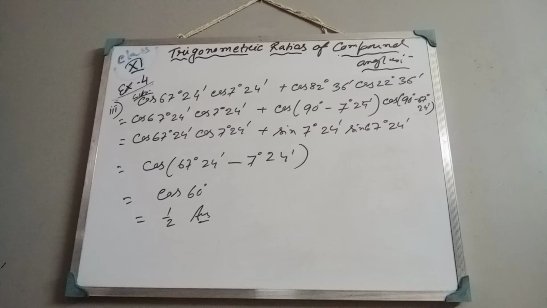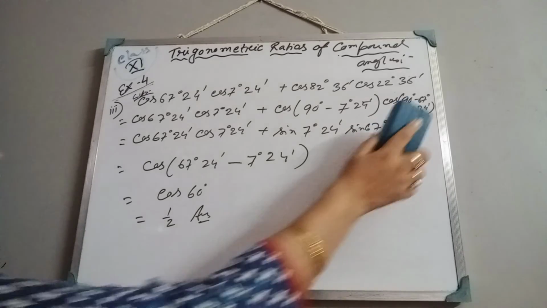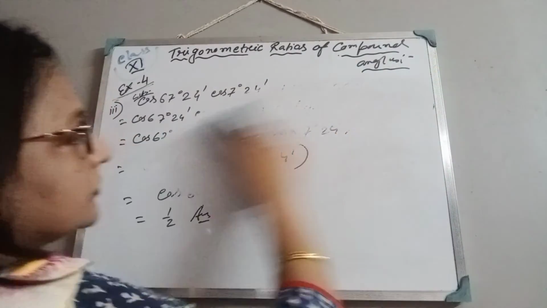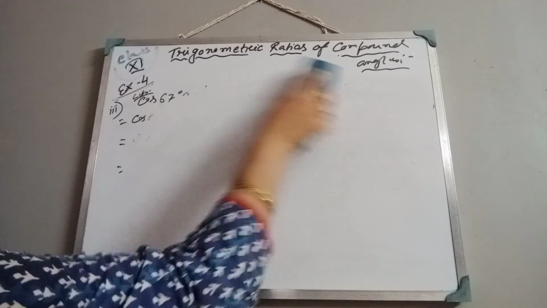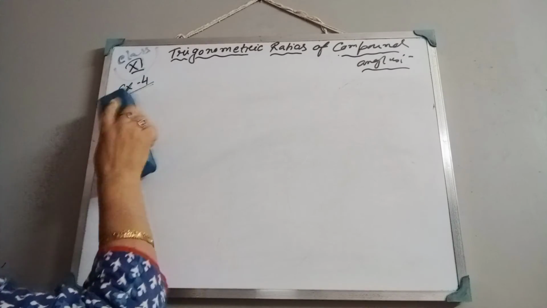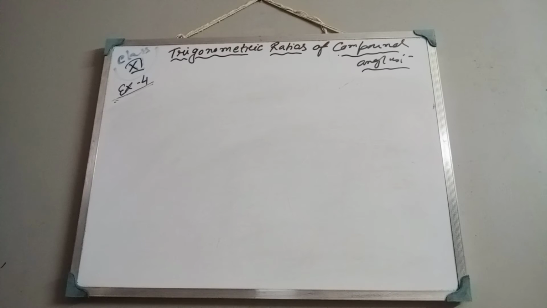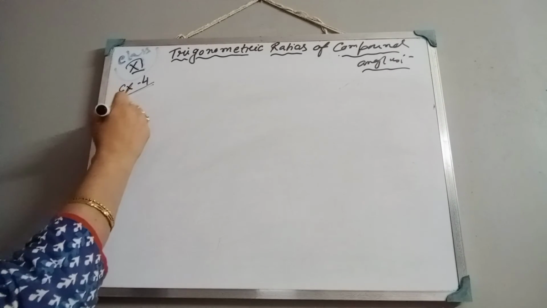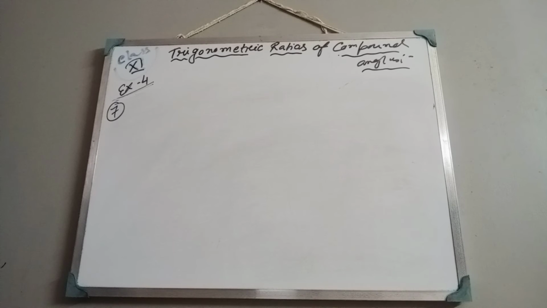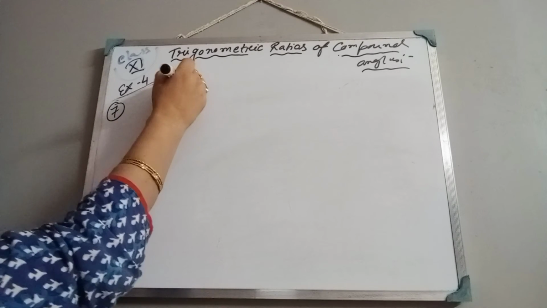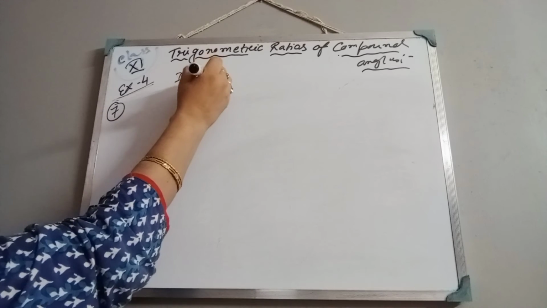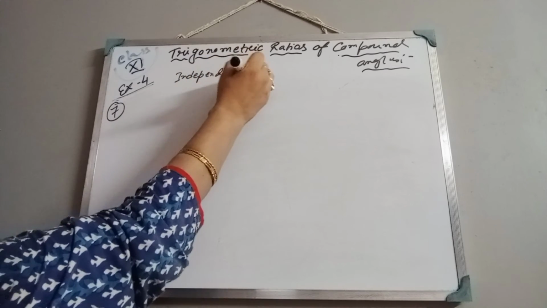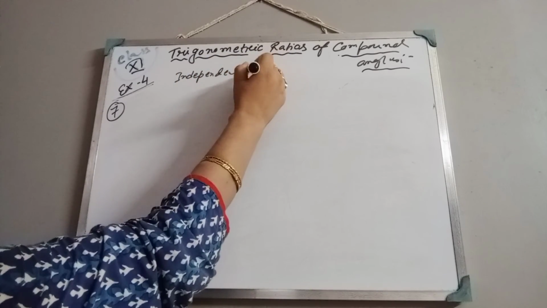Next, sum number 7. It's a different type of sum. We have to show that the angle is independent. Sum number 7: show that the following expression is independent of theta.